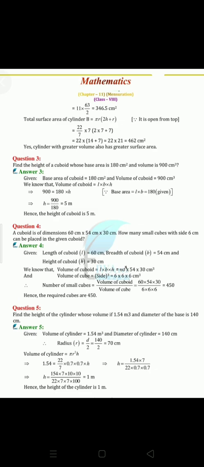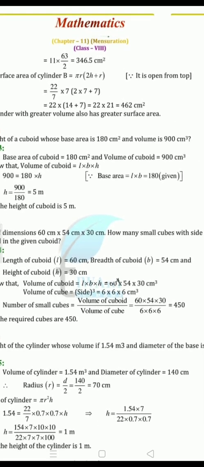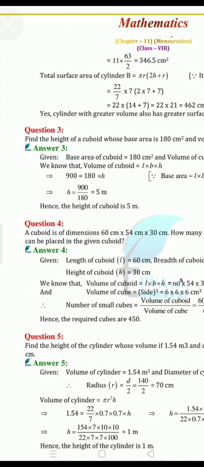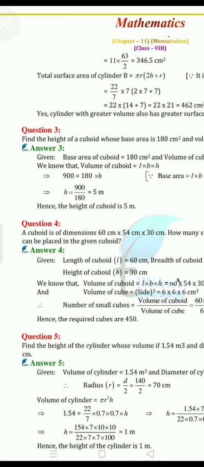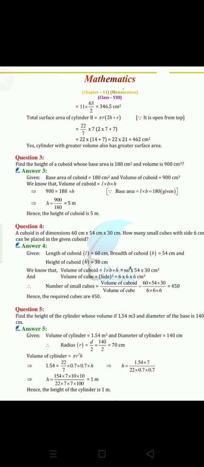One is simply length into breadth into height and another is base area multiplied by height. Any one of those you can use, because here the base area, length multiplied by breadth, is directly given, that is 180. And volume is also given over here. So volume is 900. So you will write the formula 900 is equal to 180 multiplied by height, and you can easily get height. So over here children, the whole exercise is just dependent on the formulas. You should know when to use which formula.